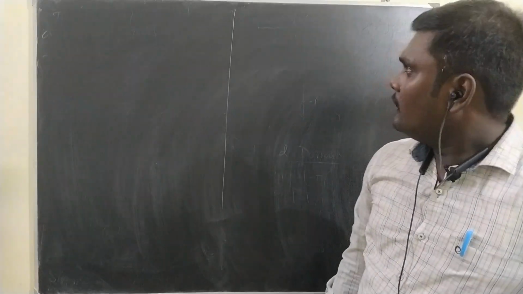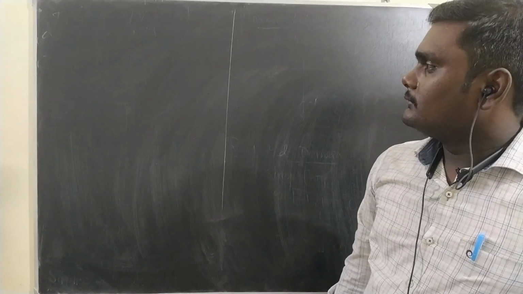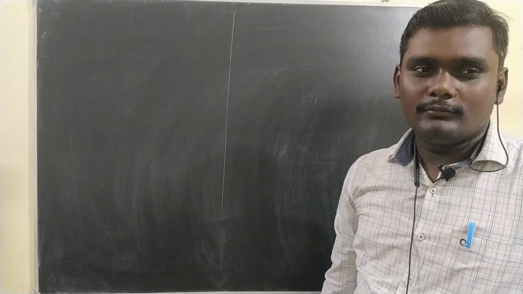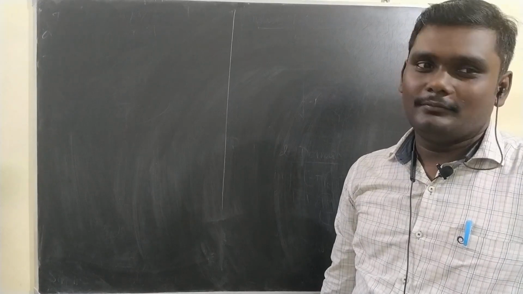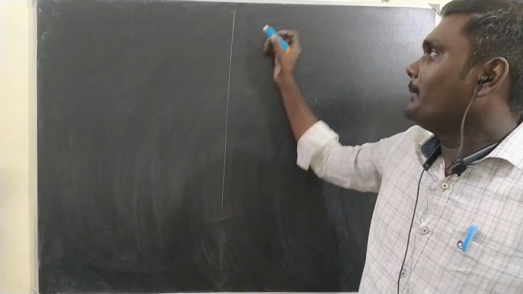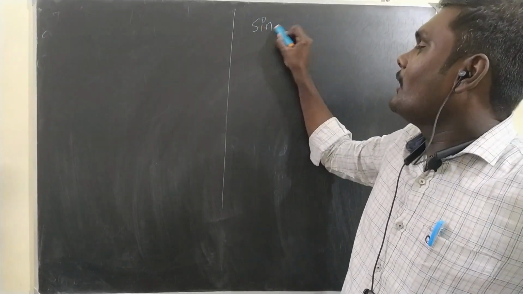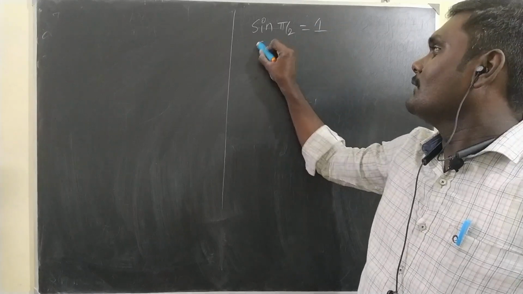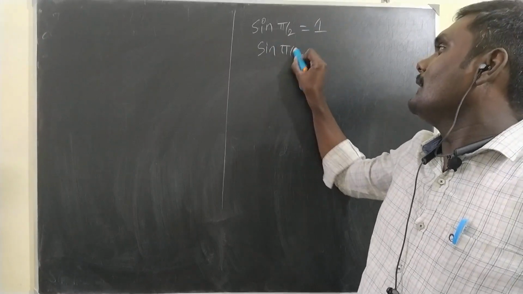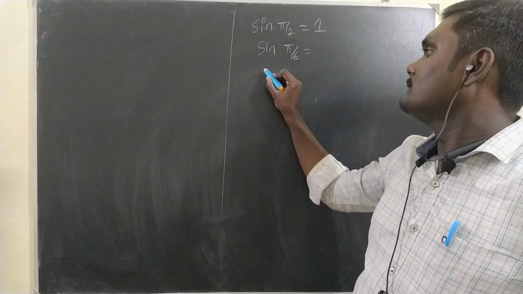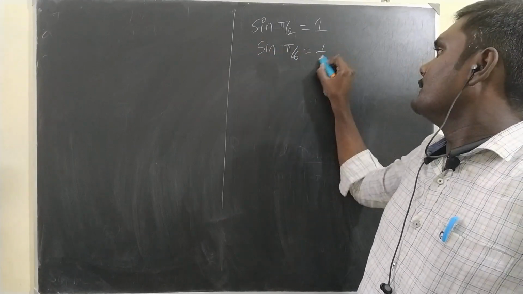See, what was I going to tell? Tell me, what was I going to do? Previously we got used to this: sin pi by 2 equals 1. Sin pi by 6 equals how much? 1 by 2.